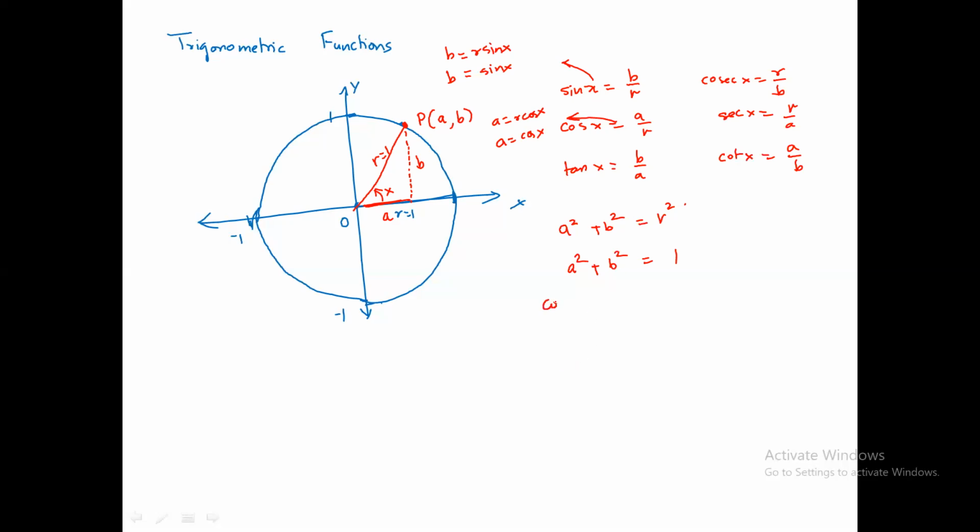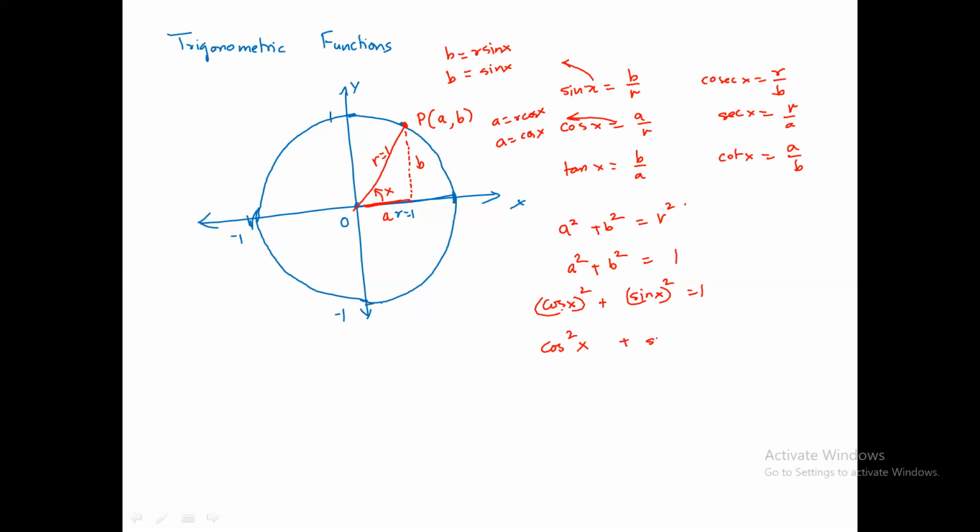Instead of a, I can write cos x and square it. Instead of b, I can write sin x and square it. So cos x, when you square, it will become cos square x. Remember this. Here many of you may have chance to make a mistake.